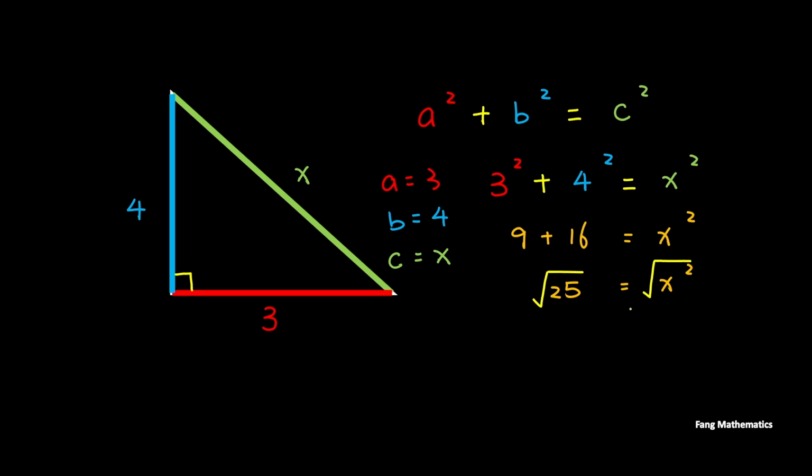By taking the principal root of 25, you get your final answer of 5. x is equal to 5. The square root and the power 2 eliminate each other, leaving you x. Now you have found that the length of the hypotenuse is 5, given the lengths of the two legs.